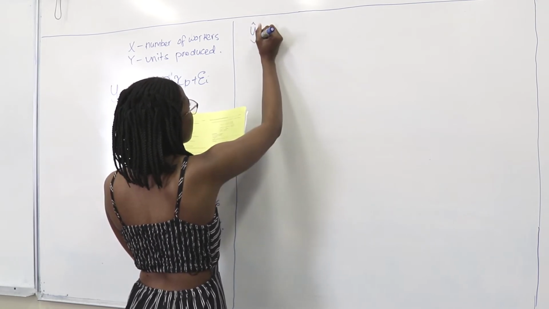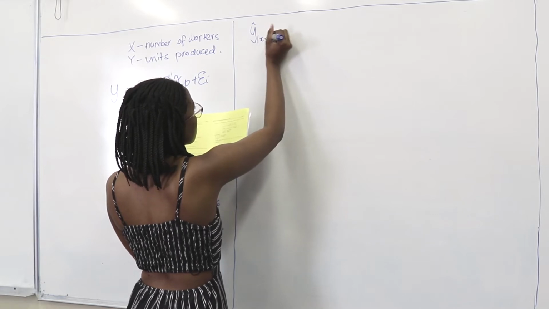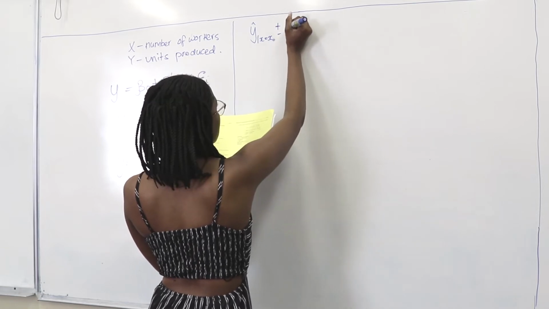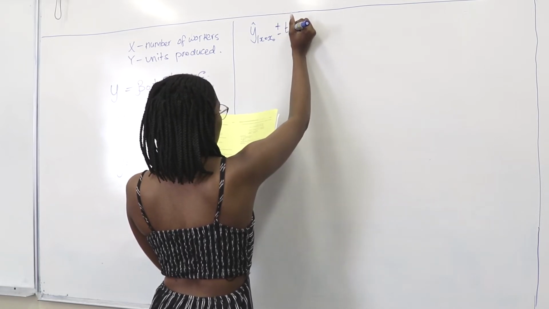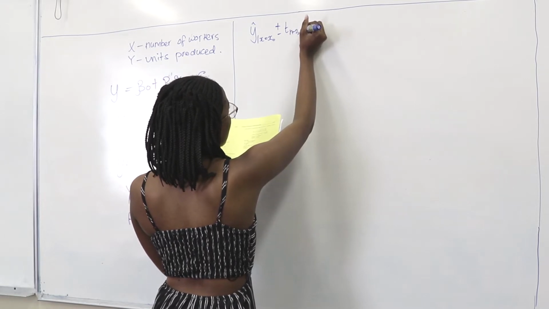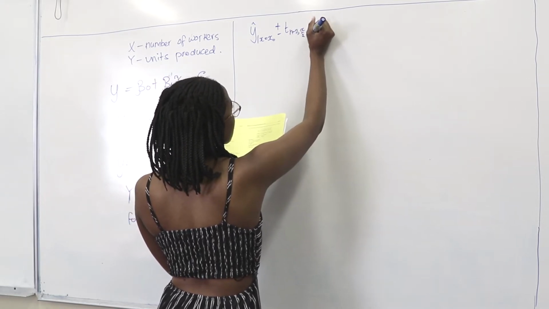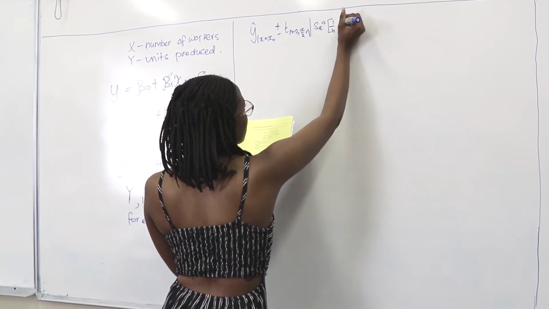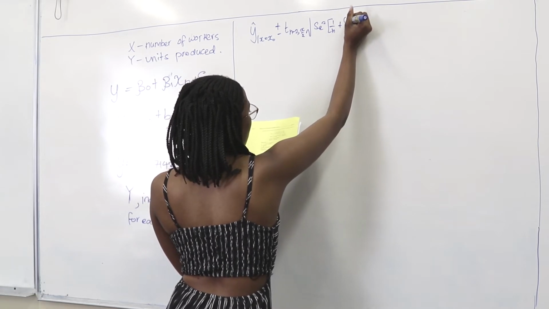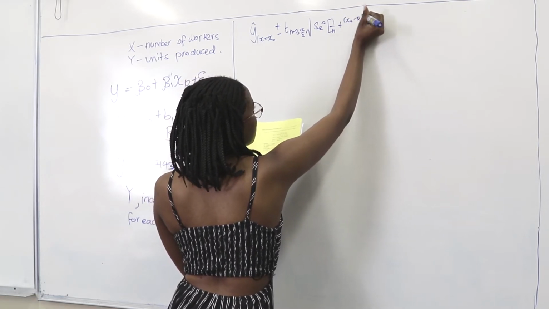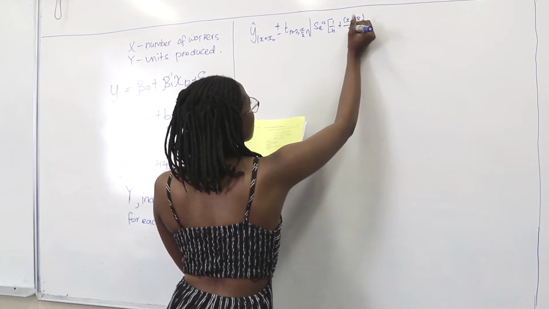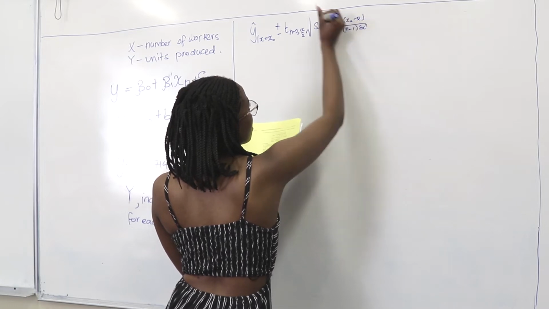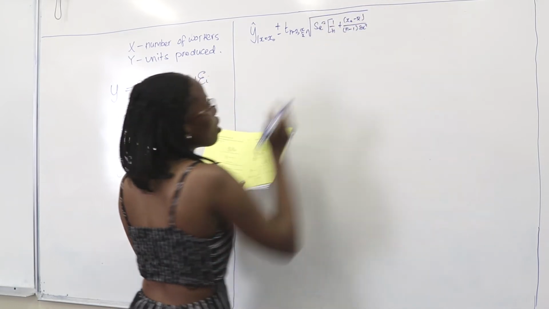So you have y cap given that x is equal to x naught, plus or minus t n minus 2 comma alpha over 2, times the square root of se squared times 1 over n plus x naught minus x bar squared over n minus 1 times s x squared. So this is your confidence interval.